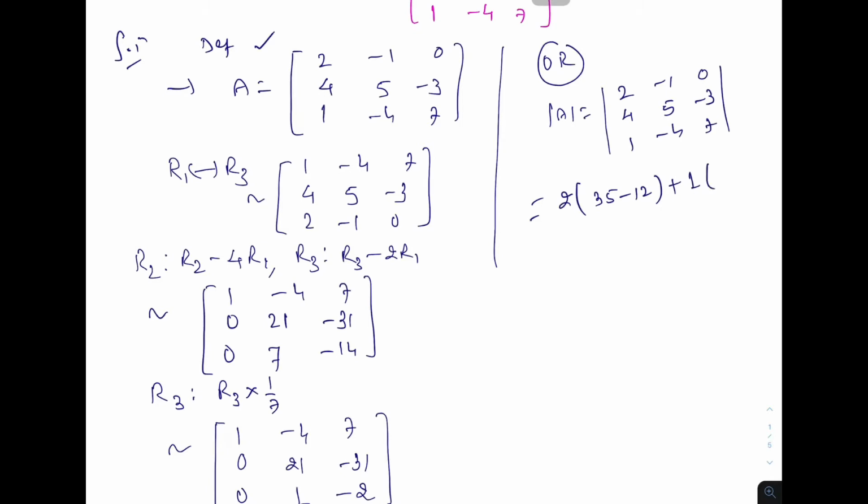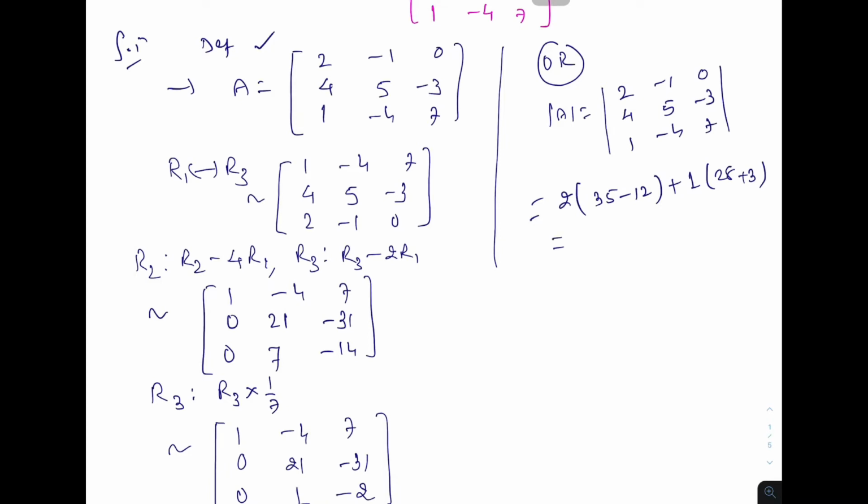Then minus and minus plus 1, so we need these two. 4 into 7, 28, and minus these two, 1 into -3, so minus and minus plus 3, and the third one is 0.